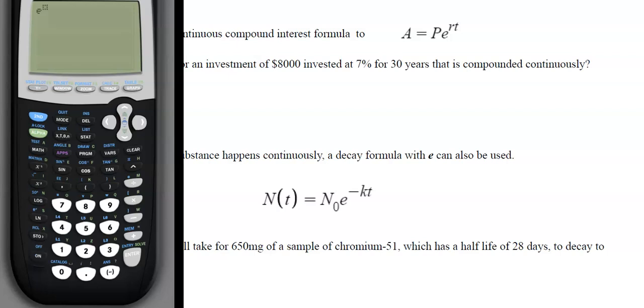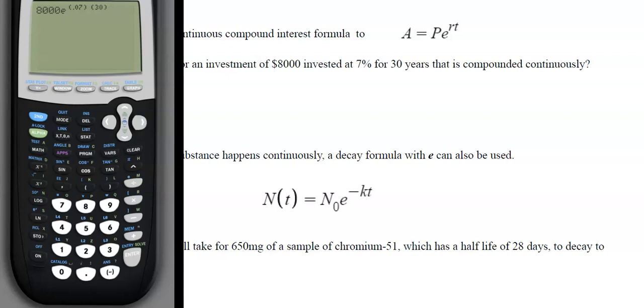So turn this thing on. We have $8,000 times e, so I'm going to go second natural log, to the rt. Well, r was 0.07 times t. I don't know if I have to multiply there or not. I'm just going to put my t in and not multiply it.